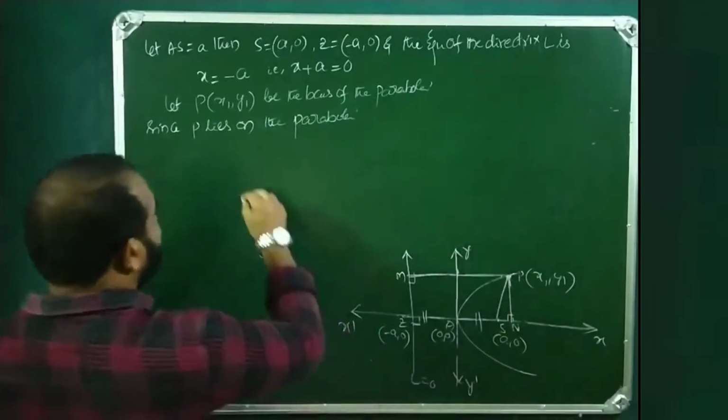That e is equals to 1 in the case of parabola. That is SP is equals to PM.